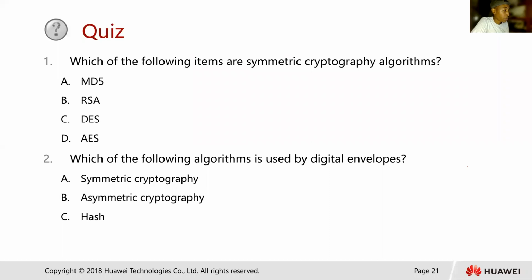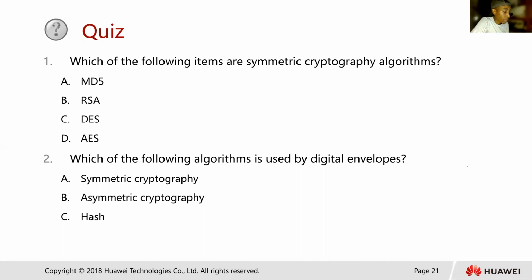Somebody says yes, MD5 is a hash algorithm. So what about RSA? RSA is asymmetric, right? So obviously it now leaves us with data encryption standard, and then the advanced encryption standard.